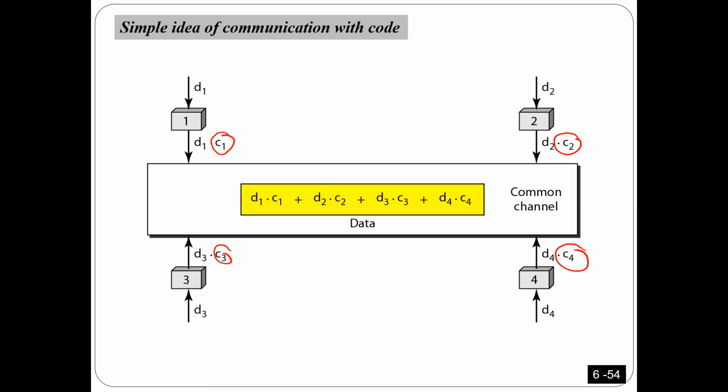If I want to transmit data D1, I'm going to multiply D1 by my code C1. Here, you multiply D2 by its code, D4 by its code, and D3 by its code, and then you transmit to the channel. Because we transmit to the channel at the same time, it's going to be addition. It's going to be added.